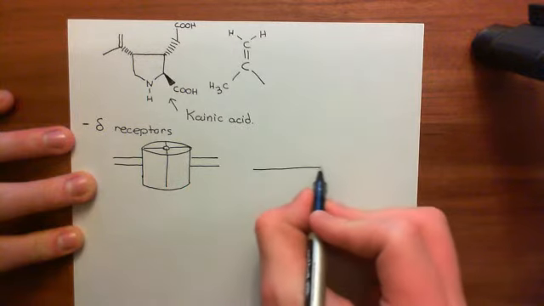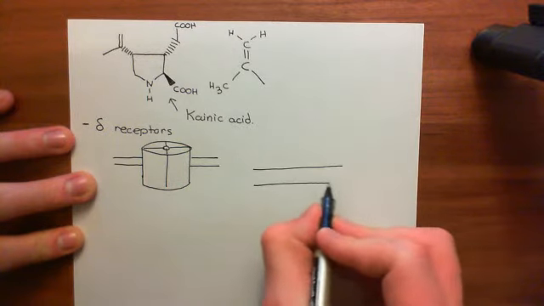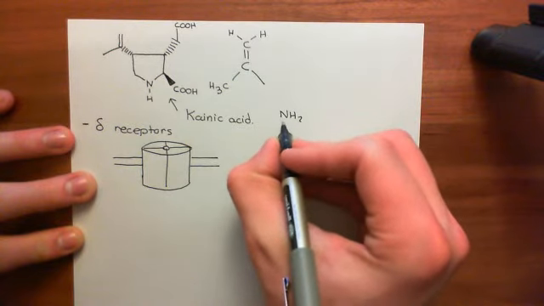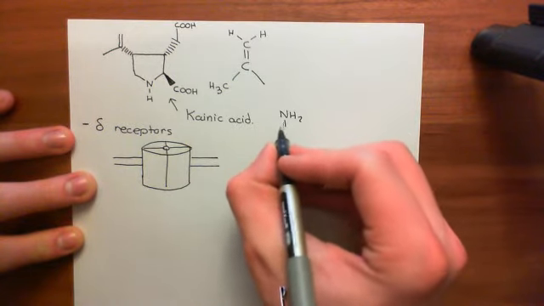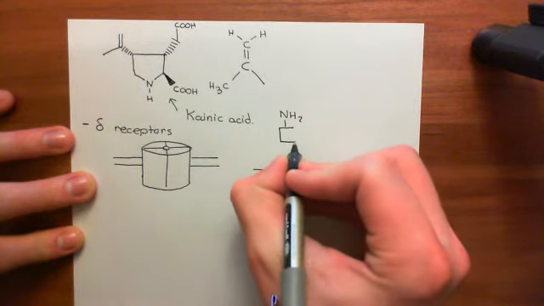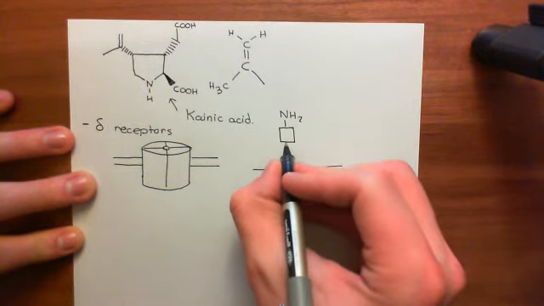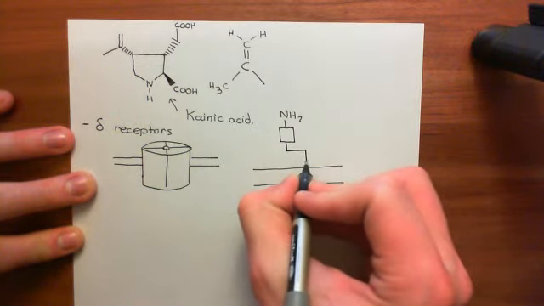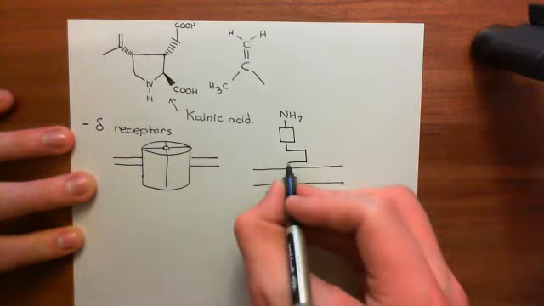Okay, so let's draw the phospholipid bilayer here. Okay, then we know the amino terminal domain is extracellular. So here's the amino terminus. Here then is the amino terminal domain. Then we have the S1 domain, remember here, which will contribute to the clamshell domain.